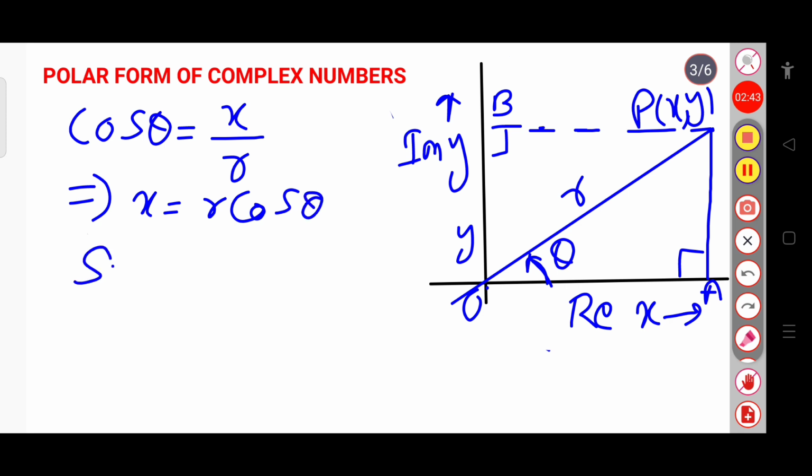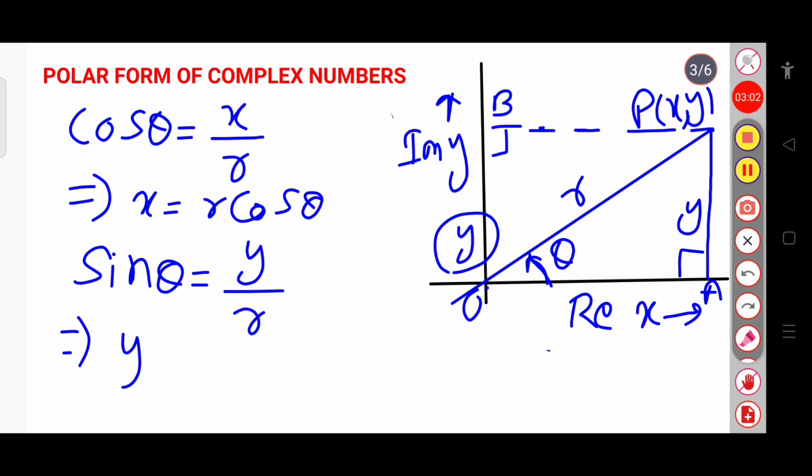Similarly, sin theta is P by h. P is here, and this distance AP is y. So sin theta equals y by r. Our hypotenuse is r, so y equals r sin theta.